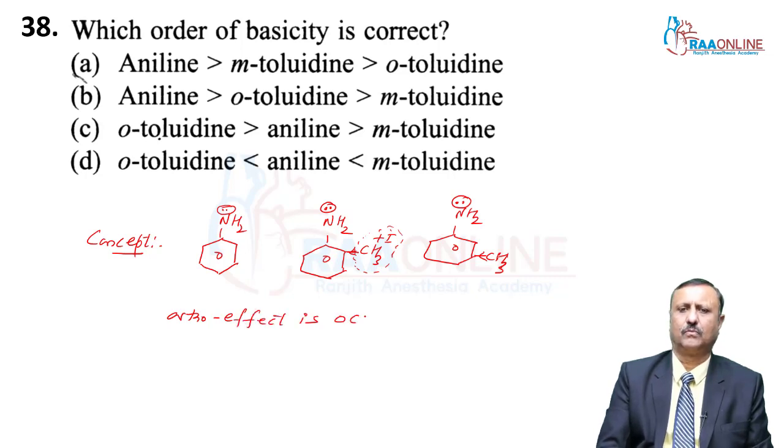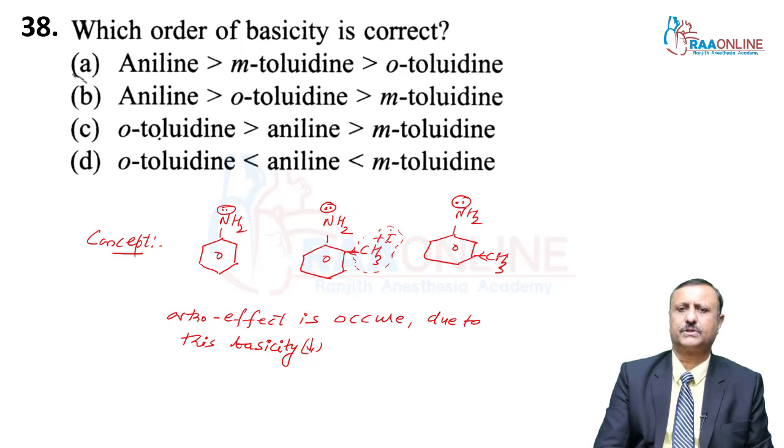What is the ortho effect, my dear students? The ortho effect is that basicity decreases. It means when these groups are present on the ortho position, the nature of the group is changed, due to this hydrogen atom, bulky nature, or steric hindrance.